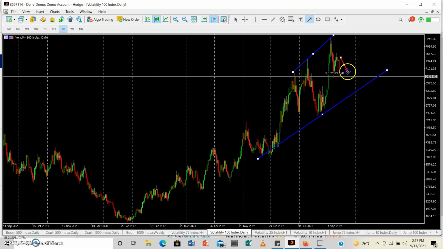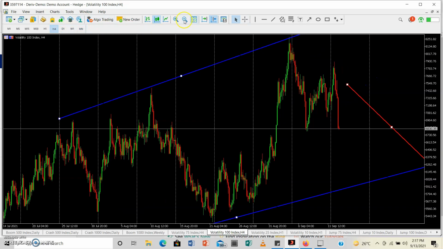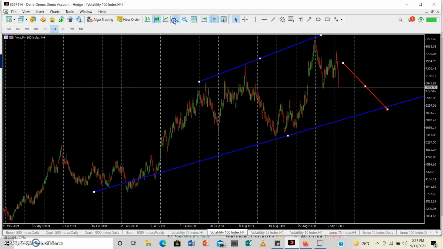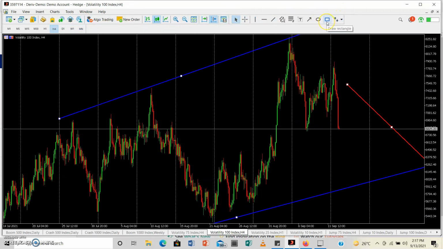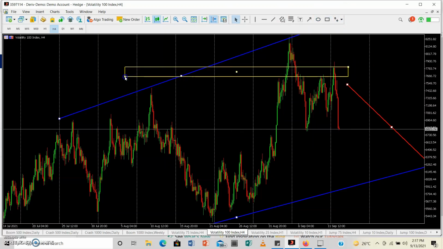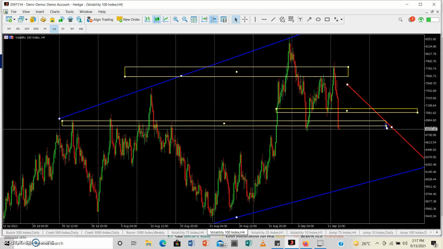So as it is right now, we're coming from the top trend line going down, right? I'm also going to move down to a smaller time frame to get a clearer picture, and from the smaller time frame I can see that we have a nice resistance zone here, right? I can also see that having a resistance zone there and having another important zone down here.